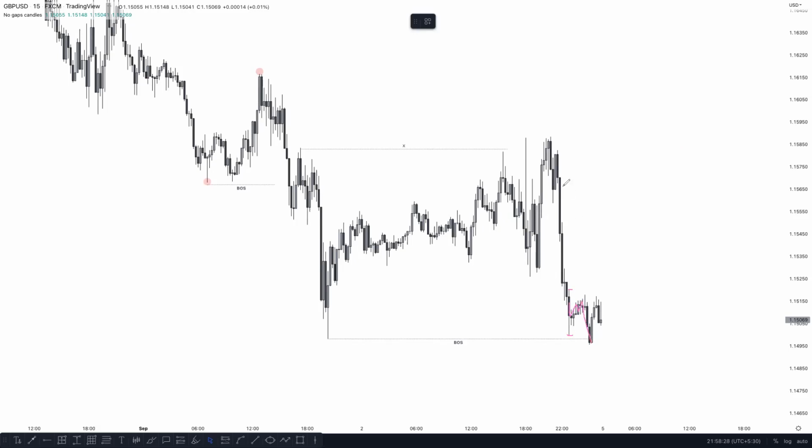So in this leg, this is our valid pullback. Why? Because it took out the previous candle high, and this becomes our new inducement like this. And the next possible scenario: if the market pushes downside and breaks this minor low, this becomes our new inducement like this.